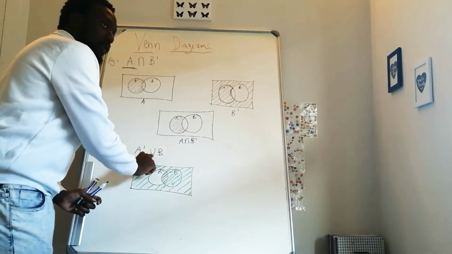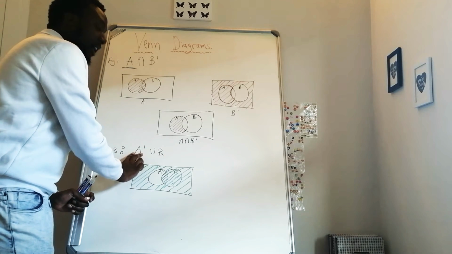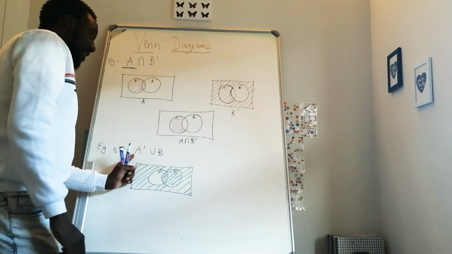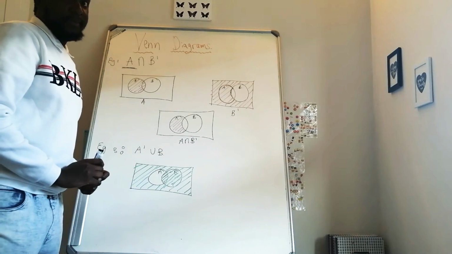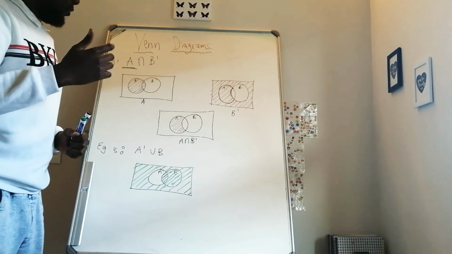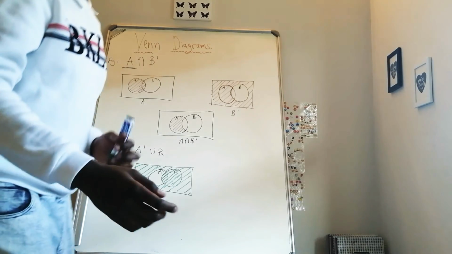Because it's union. Union means I want whatever is the complement of A and whatever is B. So that's how you think about union, right? So that's example 3. Let me erase and do example 5.